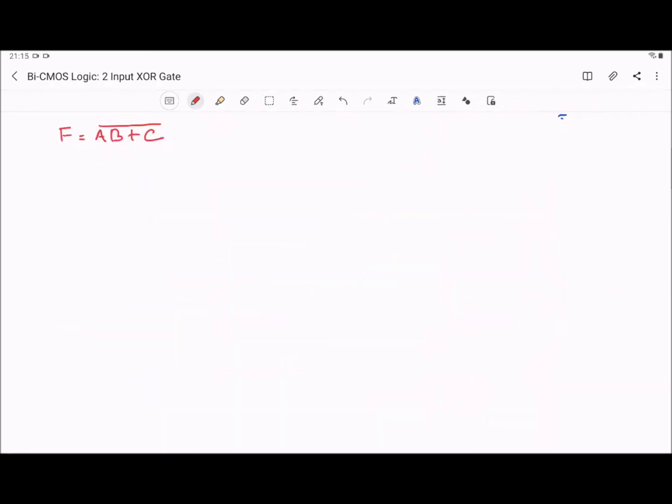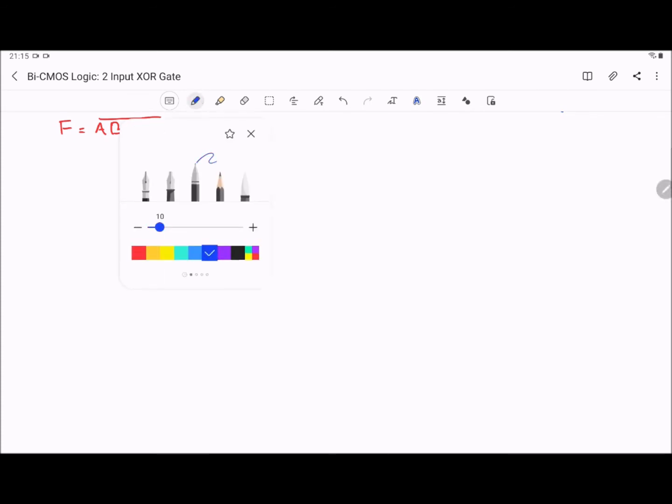I am going to implement one more example. The expression is (AB plus C) whole bar using BiCMOS logic. Whenever we have a product term like AB, the pull down network is going to be in series and the pull up network is going to be in parallel. So first we will implement this function in CMOS logic.